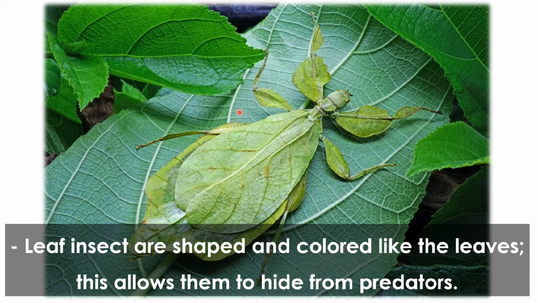For this insect, it's called camouflage. An animal's camouflage means they copy the color of wherever they are. This insect is on a leaf, so it's camouflaging. We cannot really identify that it's an insect if we don't take a very close look, right? It protects them from their predators.